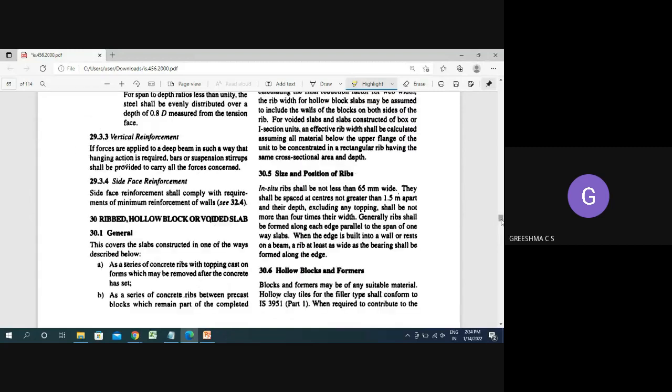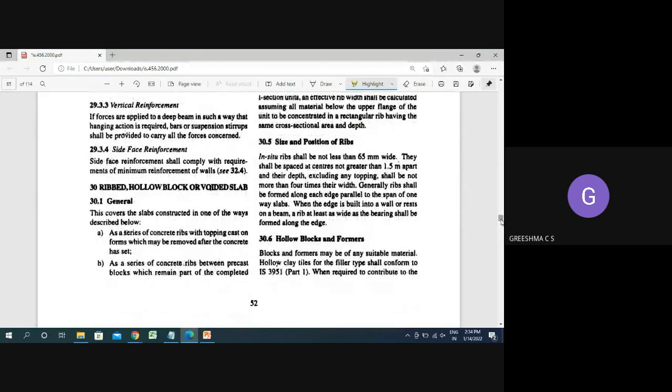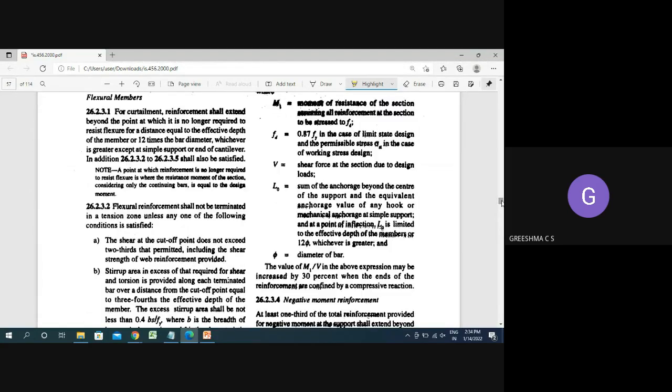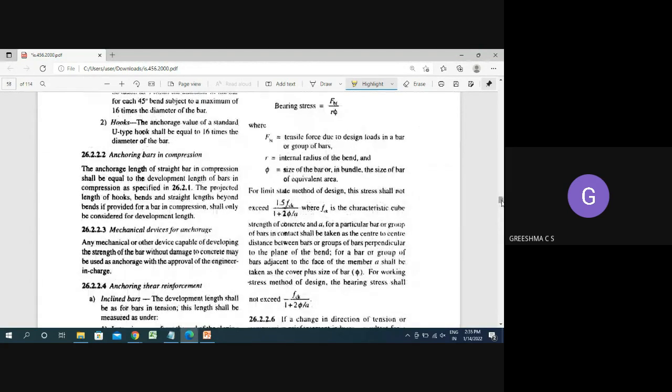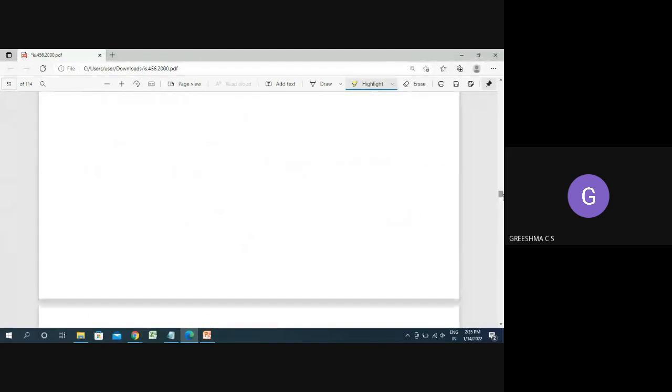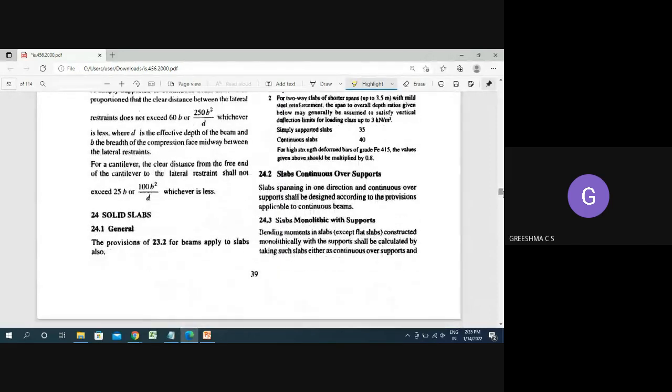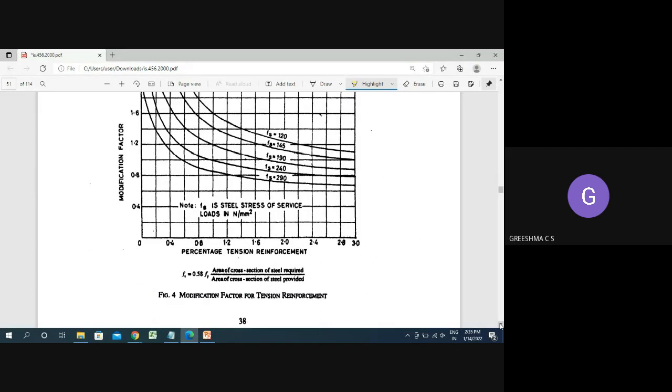Go to IS code page number 37 and 38. IS code page number 38, that's the graph. So from this you have to check for the deflection.